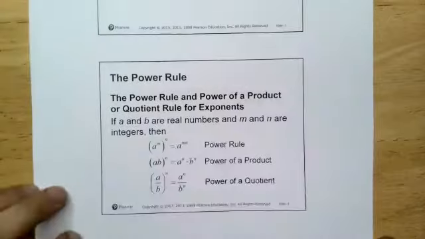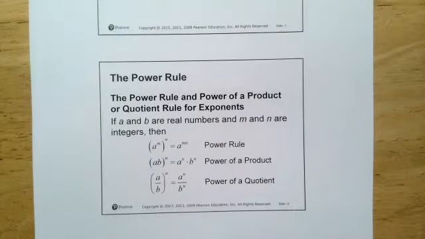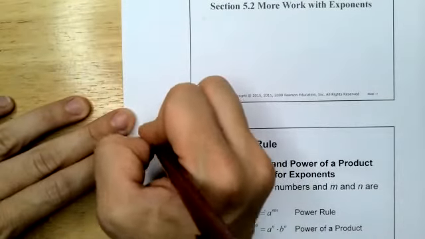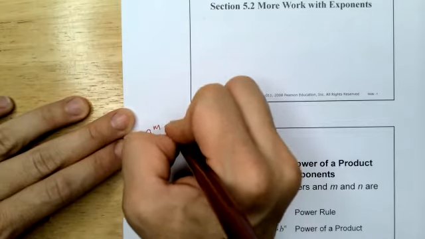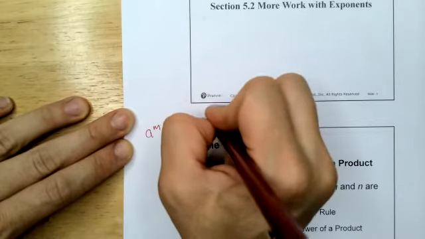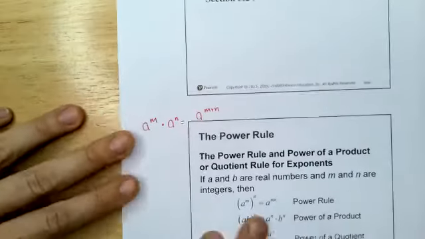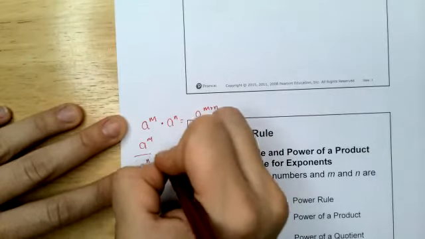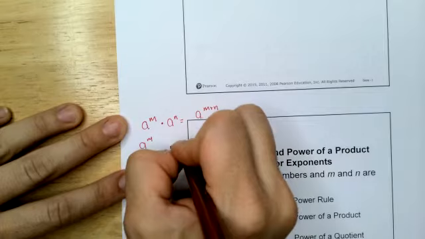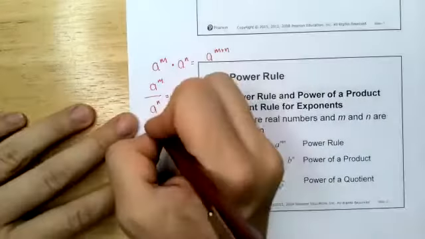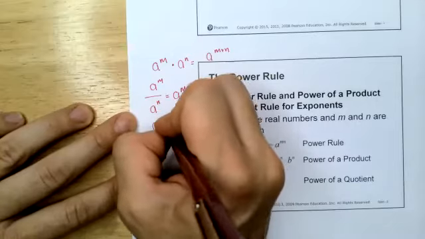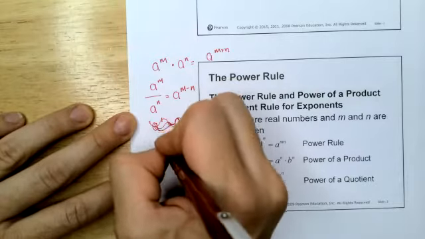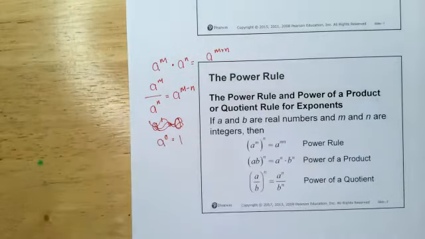Okay. The power rule and the power of a product or quotient rule for exponents. This looks intimidating. Let's review what we know about the rules for exponents. a to the power of m times a to the power of n is a to the power of m plus n, right? a to the power of m divided by a to the power of n is a to the power of m minus n. Anything raised to 0 is 1.